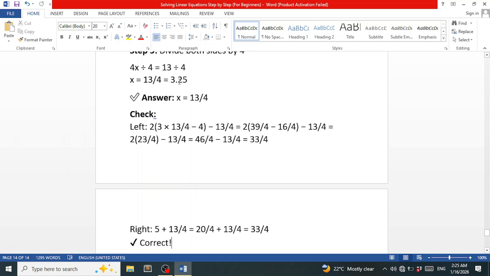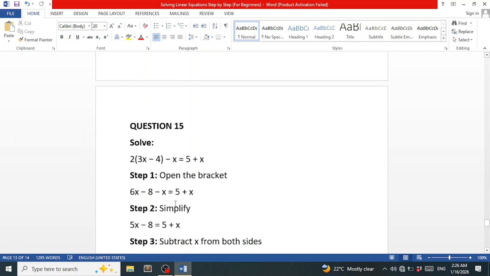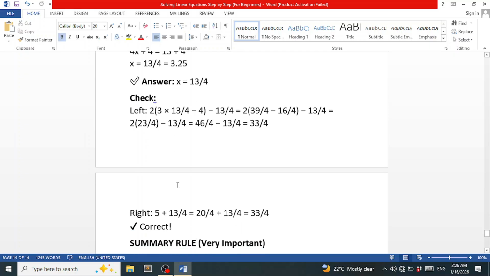Minus 4 from the equation we are given, minus x, which is 13 over 4. We deal with the numbers in the brackets first.